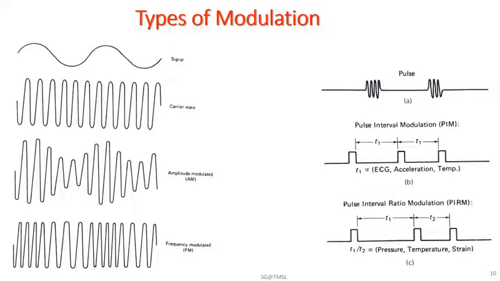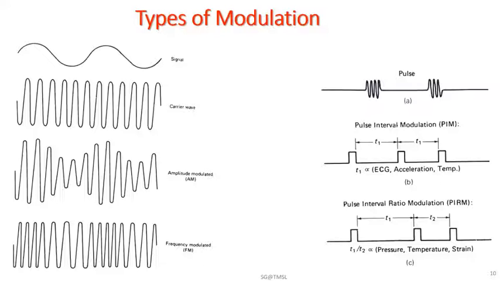The submodulator can be FM or pulse width modulation, but the final modulator is practically always the frequency modulation system.